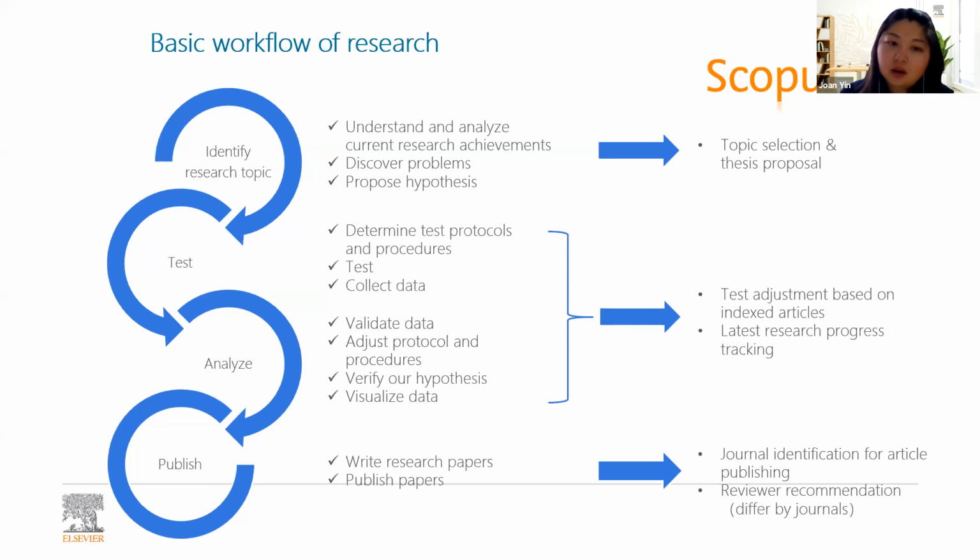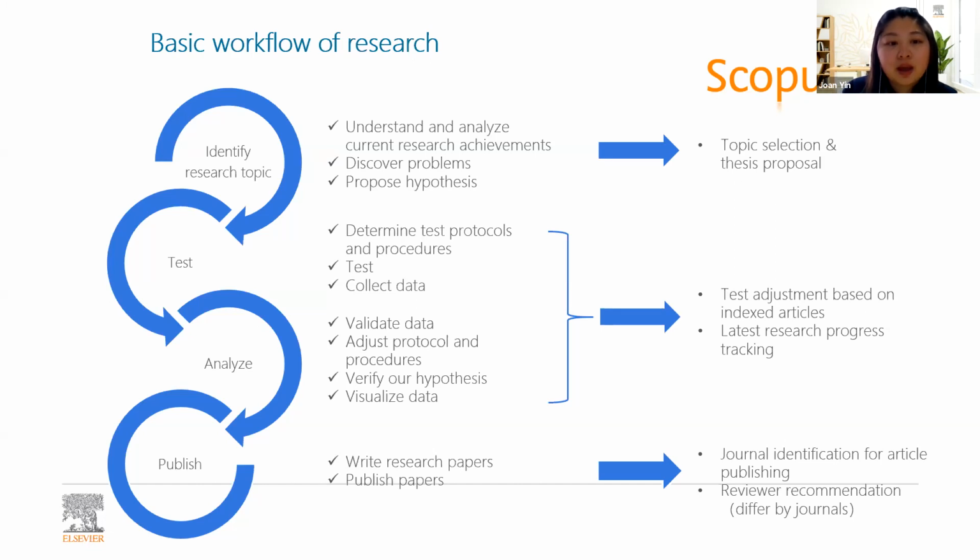At first, researchers may need some tools to help them identify a research topic, understand and analyze whether the topic is related to current achievements, discuss the problem, and propose a hypothesis. In this stage, Scopus can help researchers select topics.